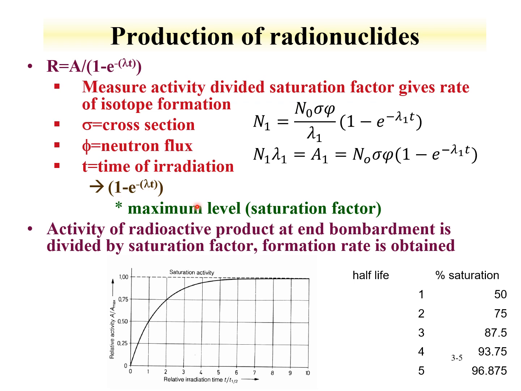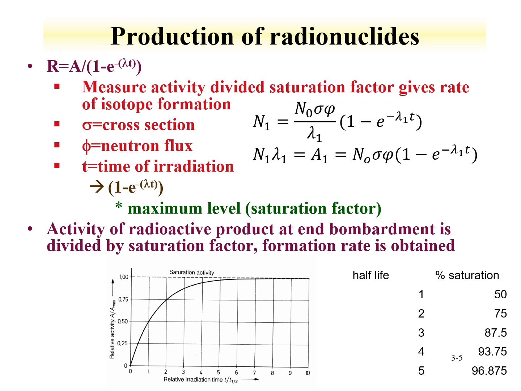Using the saturation factor, the number of product atoms produced is equal to the number of target atoms times the cross-section times the flux, as we discussed on the previous page, divided by the decay constant for the atom produced times the saturation factor, 1 minus e to the minus lambda t, where lambda is the decay constant for the isotope produced.